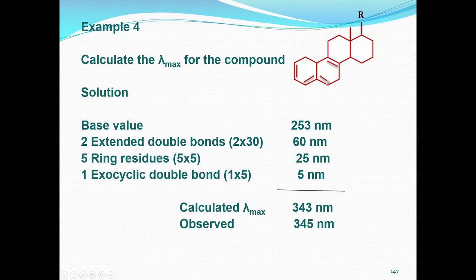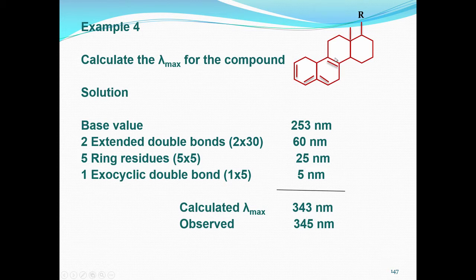Even though they are inside one ring, they are separated by 2 single bonds, so I cannot take it as an extended double bond or homoannular diene. But as far as this ring is concerned, it is a homoannular diene, base value is 253. There are extended double bonds, 2 extended double bonds, so obviously it is 60, 5 ring residues 25 nanometers, 1 exocyclic double bond 5 nanometers, and the calculated and observed values match almost perfectly, 343 and 345.